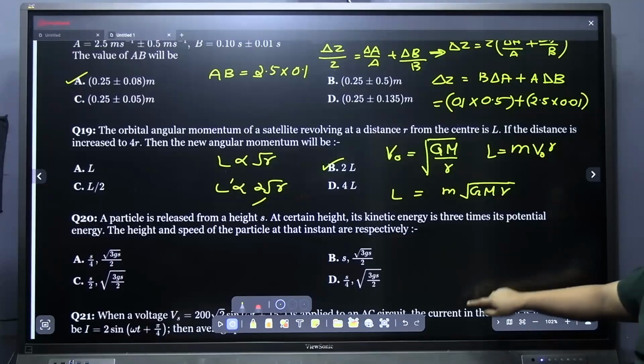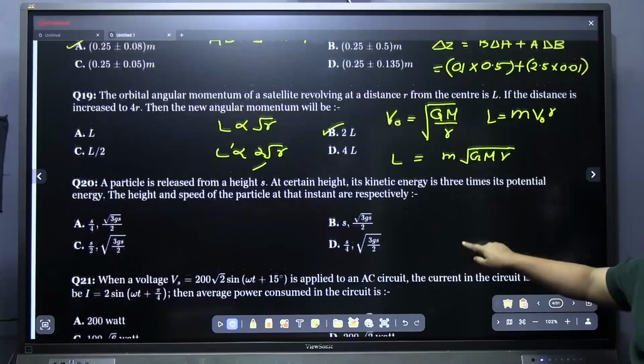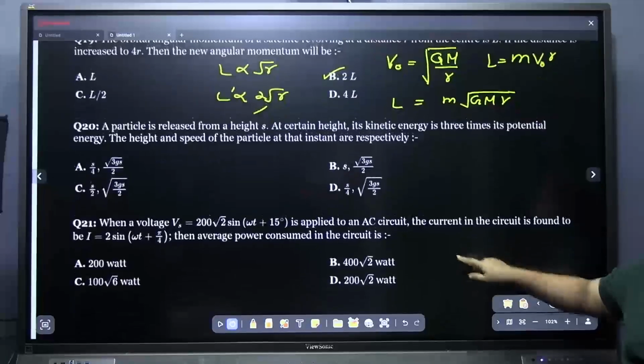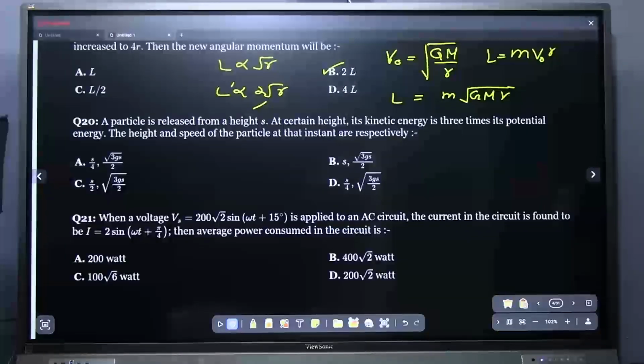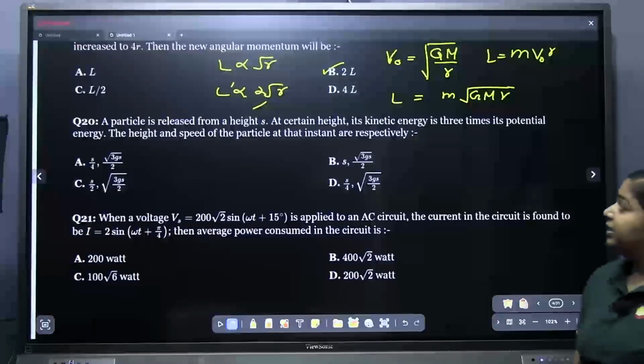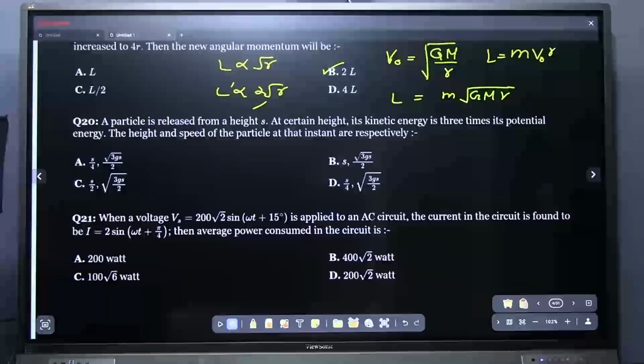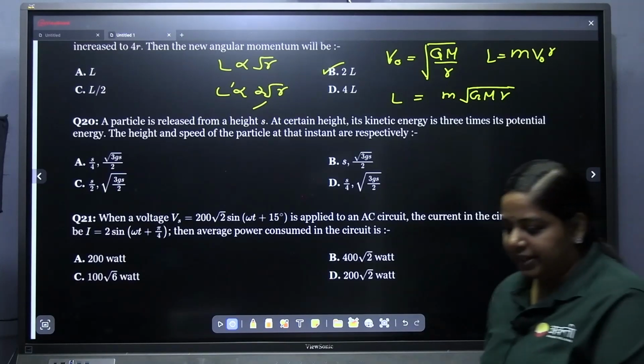Okay, moving on. A particle is released from height s. At a certain height, its kinetic energy is 3 times its potential energy. Height and speed of the particle at that instant are respectively?